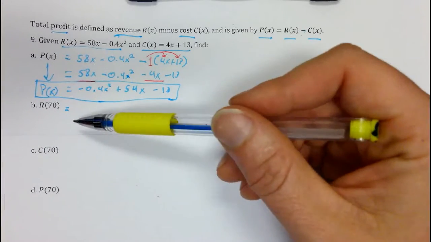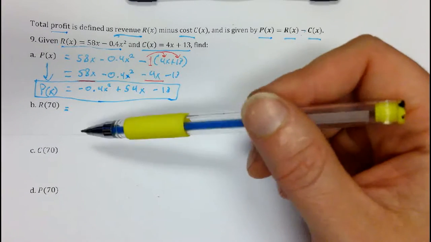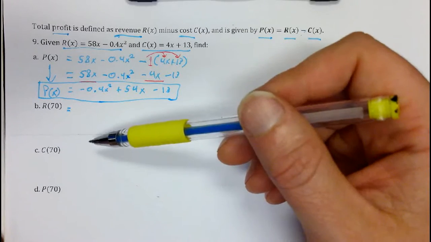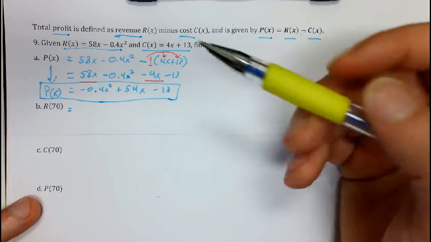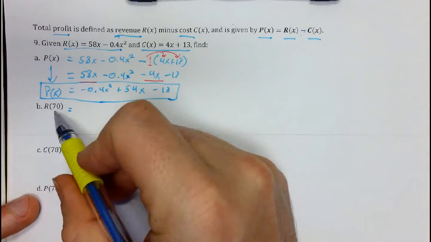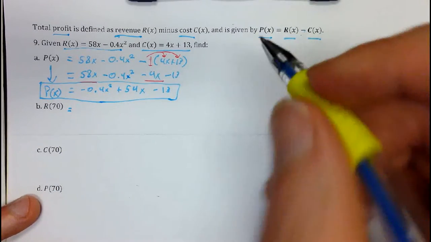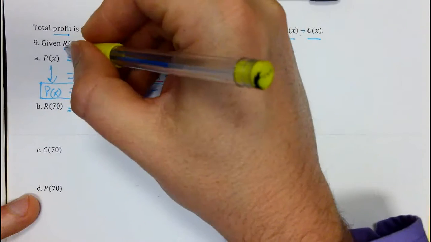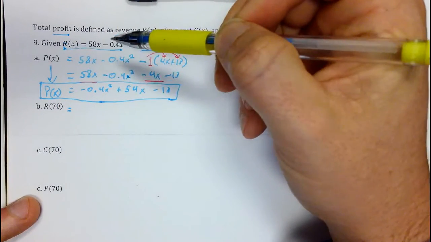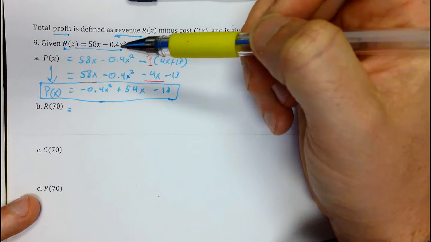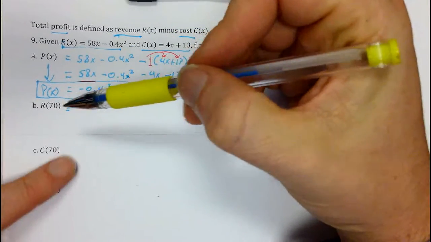A year from now, you still remember your profit function, you could always use it to estimate what your profit would be based off of some inputs. In our case, we're first asked to find R of 70, so we've got to look at our revenue function. R of x is 58x minus 0.4x squared, and we're being asked to substitute in 70.